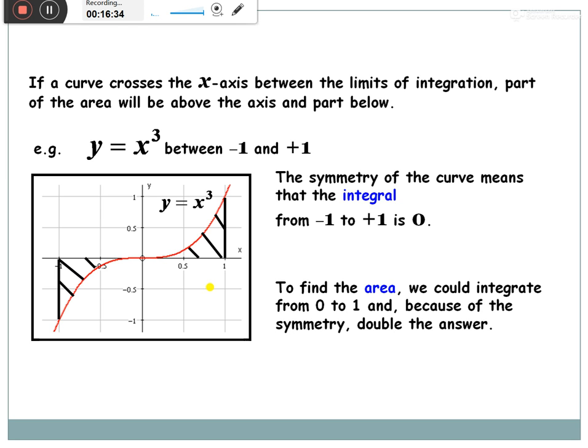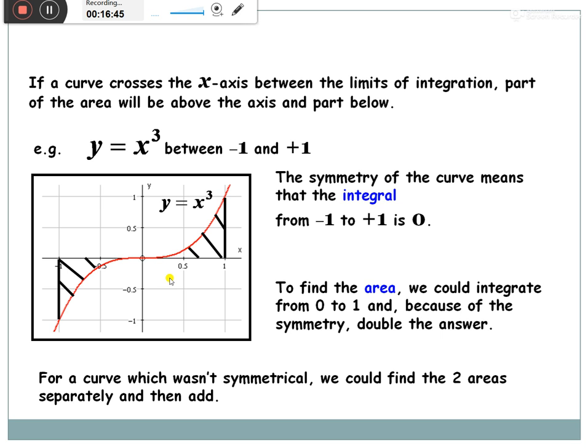But to find the area, we could integrate from 0 to 1 because of the symmetry and double the answer. Is it clear? And now, for a curve which is not symmetrical, we could find the two areas separately and then add. Is it clear?